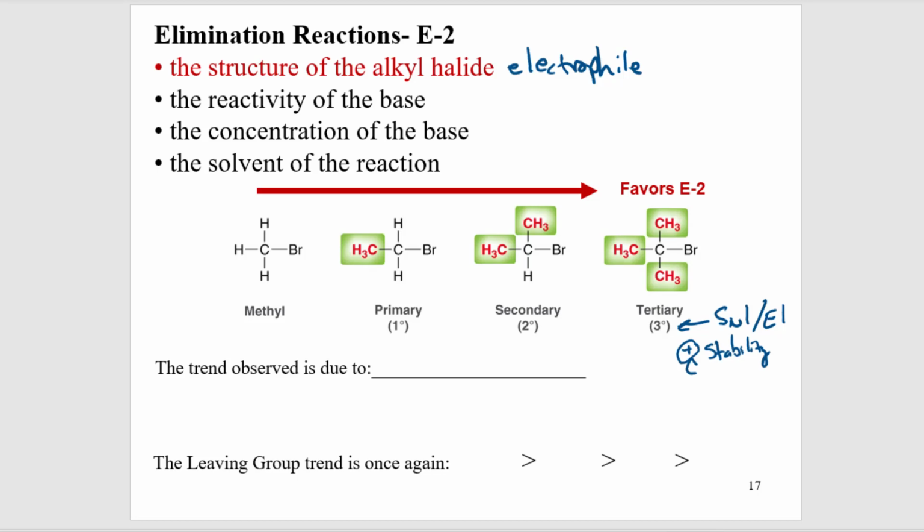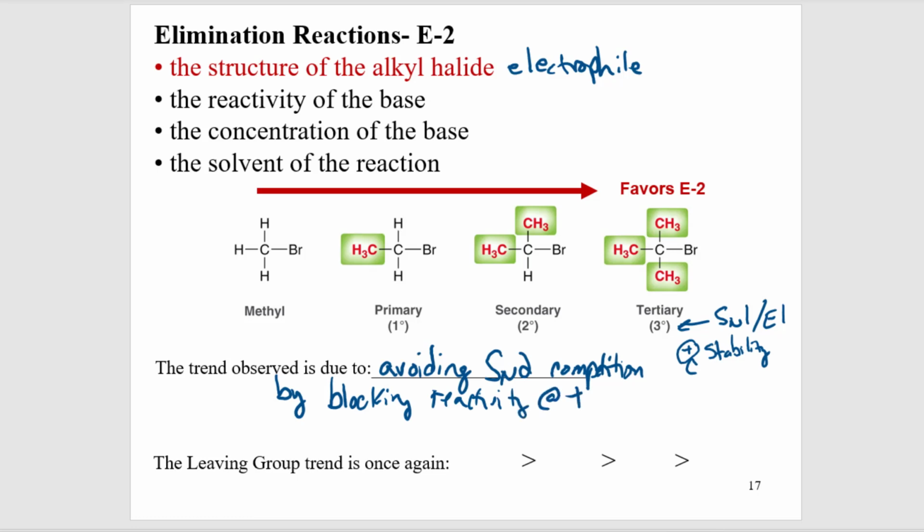Tertiary is favored because we want the steric hindrance so that it doesn't compete with SN2. The trend observed is due to avoiding SN2 competition by blocking reactivity at the carbon using steric hindrance.